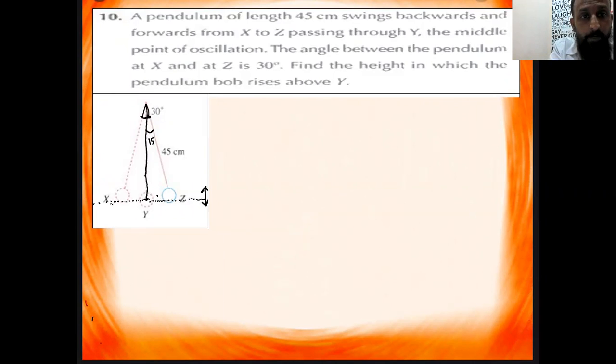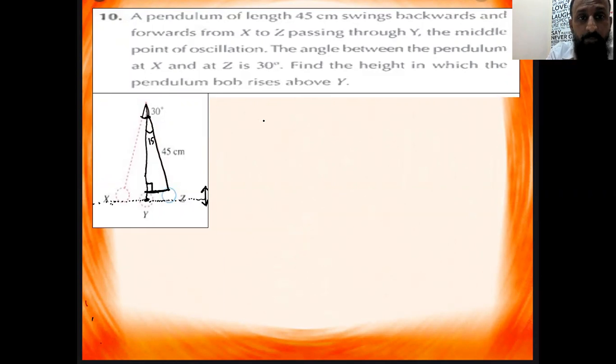Okay. Now if I try to make this triangle like this to show you how much it has gone up. Now look at this. Initially it was over here. The bob at y is at the lower end, and relatively the bob at point Z is a bit higher. So they are asking you to find the height in which the pendulum bob rises above y.